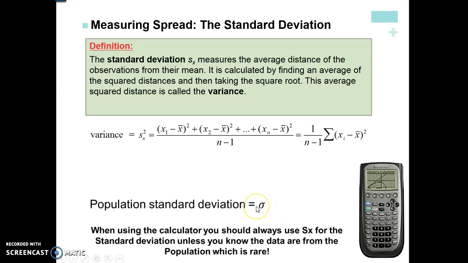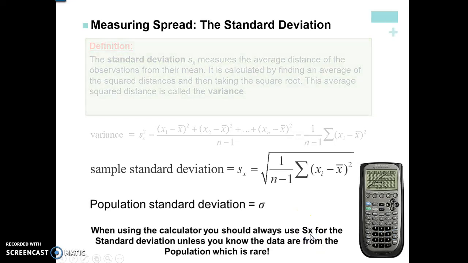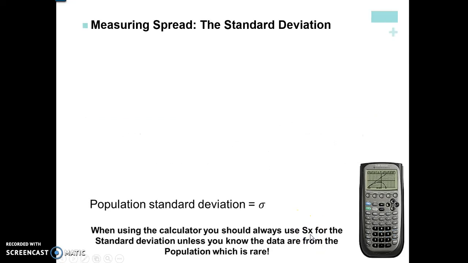That you're only going to use when you have all of the data defined as your population. When using your calculator, most of the time you're going to use the sample standard deviation, which is Sx. That's the sample, unless you know the data from the population. Most of the time you're not going to know this. You're just going to be given a sample. So you always want to make sure that you're using the correct standard deviation from your calculator.